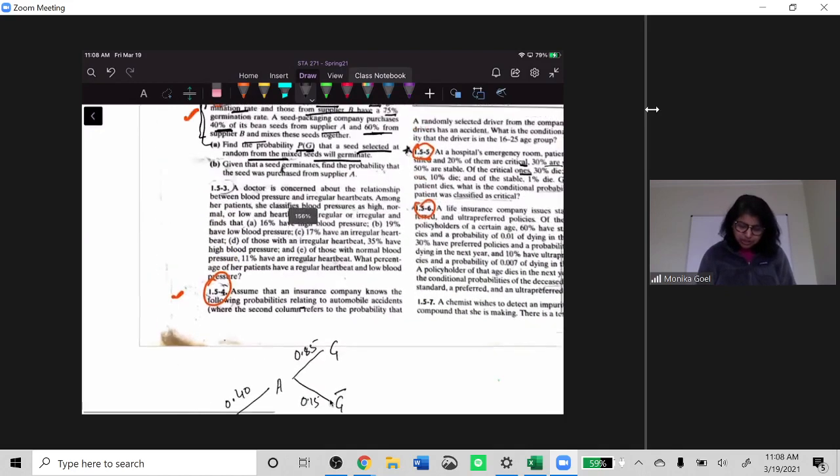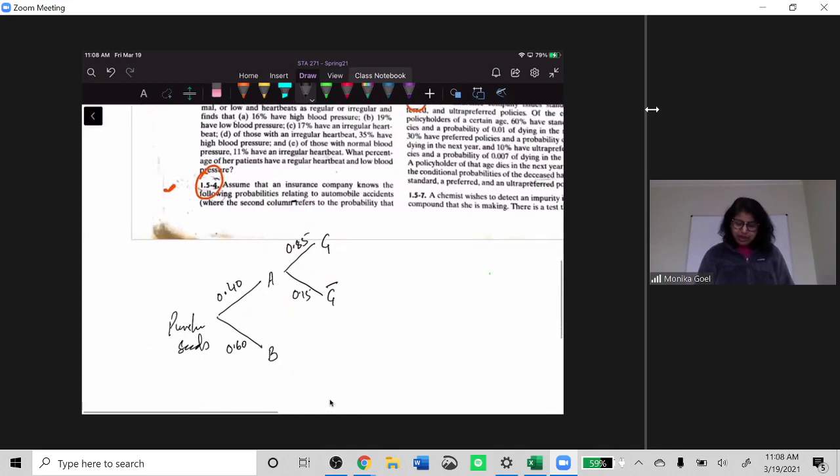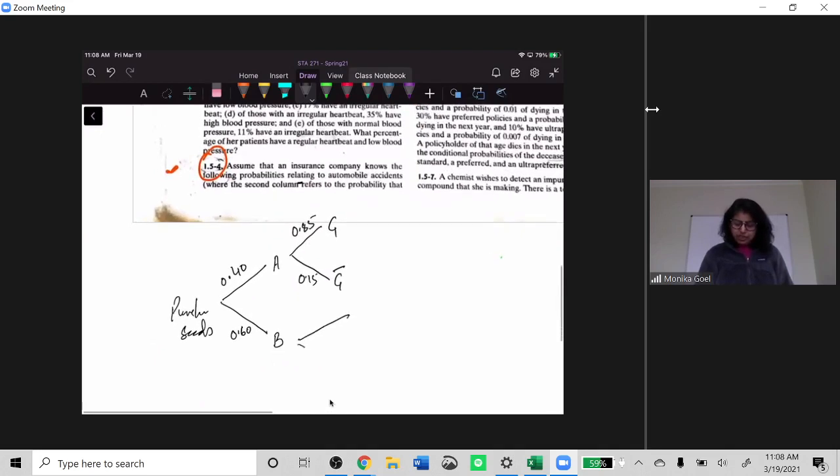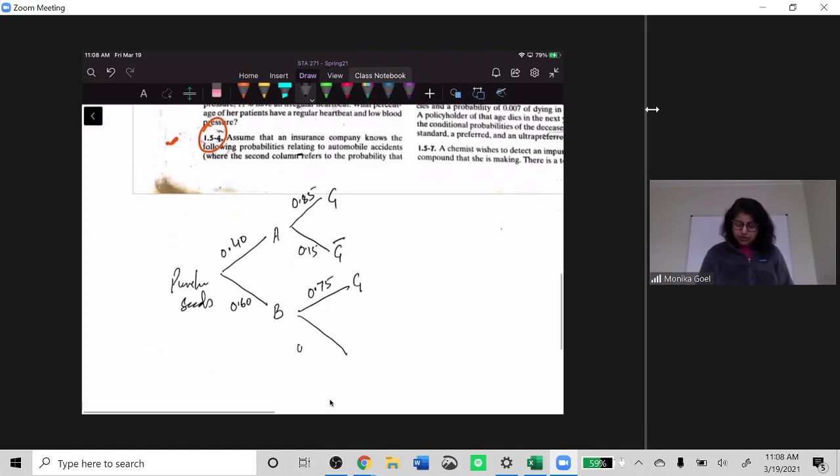And if the seeds were purchased from supplier B, only 75% of them germinate, and 25% do not germinate. You can write not germinate or any other thing. I just took the complement of germinate as the symbol for not germinate, but you can take any. You can write NG or whatever works better for you.